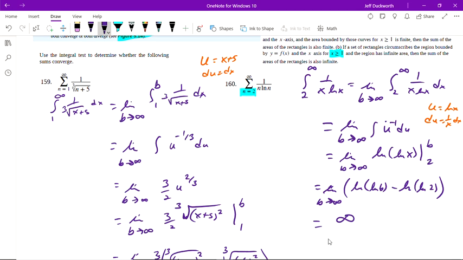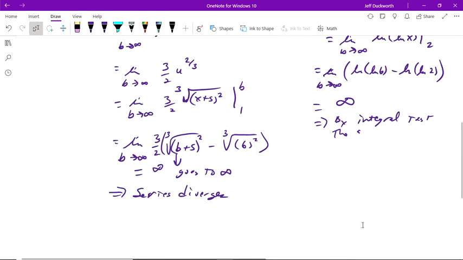And again, by the integral test, the series diverges. That's a couple examples of how to use the integral test.